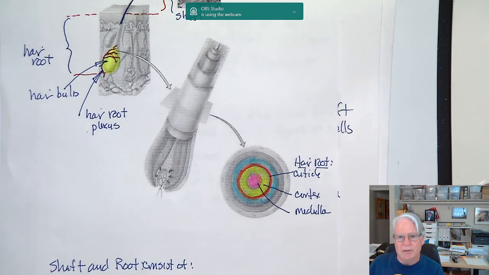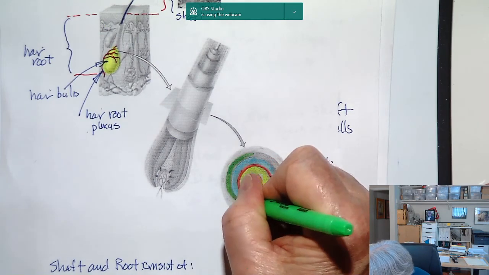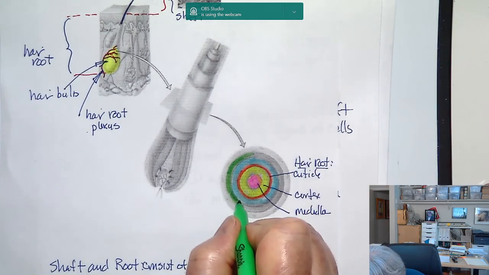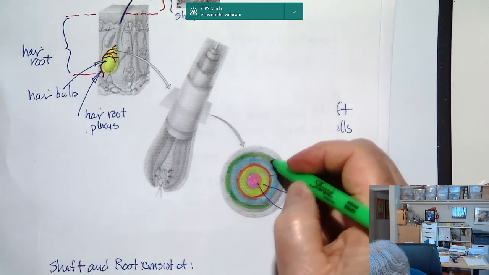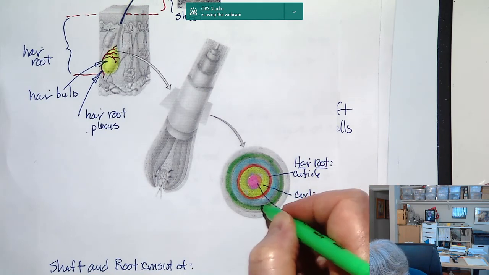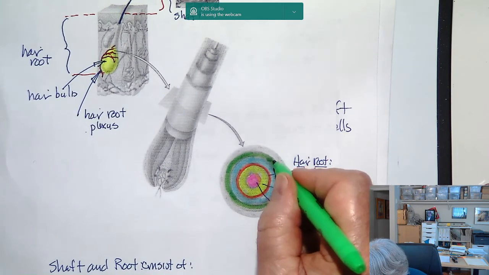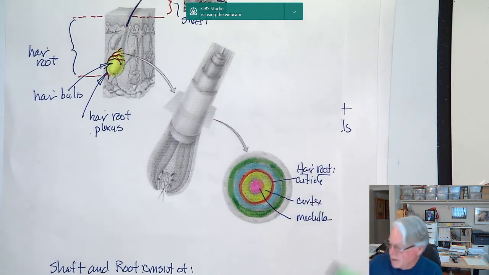And then the outer root sheath, I'm going to do in green. Okay. All right.